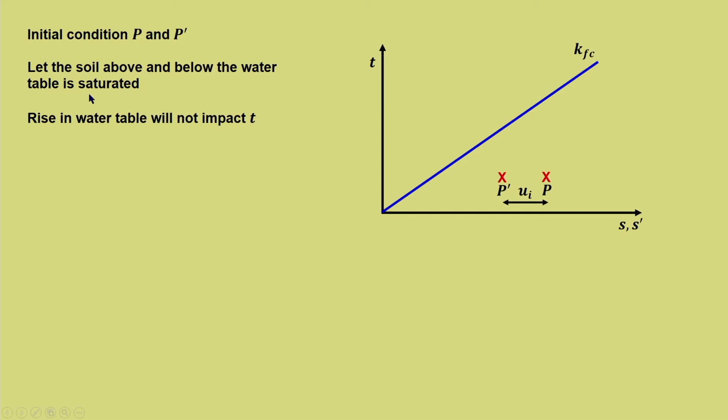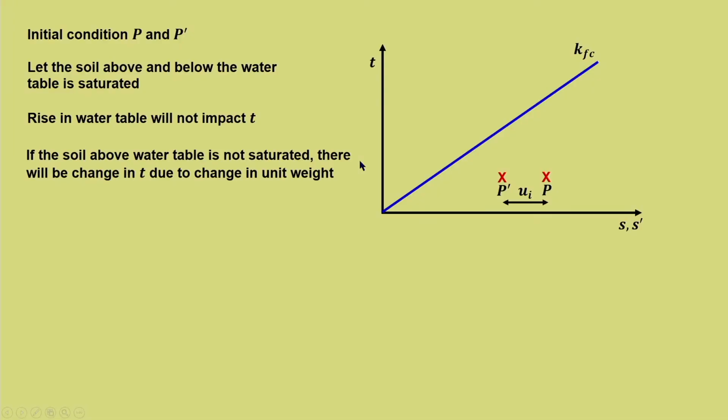So, whether it fluctuates up and down, it is not going to get influenced. What will get influenced? S component will get influenced, rather S dash will get influenced by variation in pore water pressure. But if the soil sample is not considered to be saturated, then T can also vary because of change in unit weight.